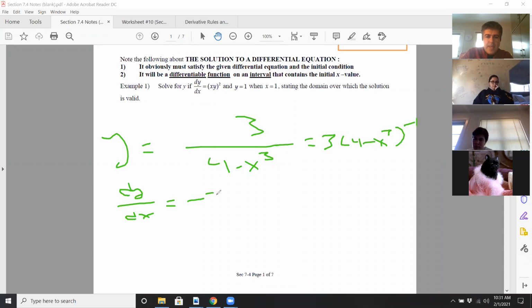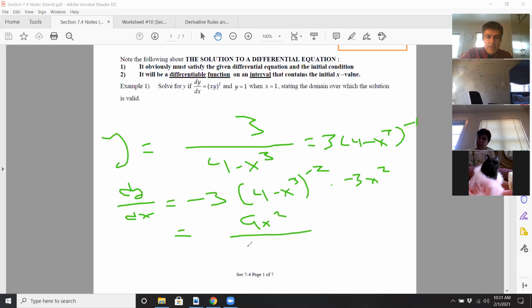But if I did draw that, it'd be negative 3 times 4 minus x cubed raised to the negative 2 power, and doing a chain rule, negative 3x squared. So you would actually then have 9x squared over 4 minus x cubed squared. It does look a little weird, but what you could do, if you get a little creative, is you could actually pull out the x squared, and then you would have this, right?